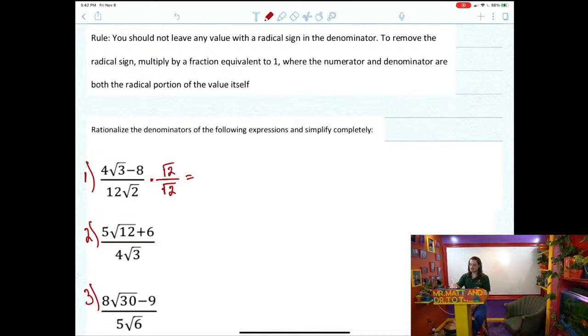But I do need to make sure that I distribute to each value in the numerator and to the denominator. I only have one value in the denominator, which is pretty straightforward, but I need to make sure that that applies to both values in the numerator. So I'm going to have 4 root 3 times root 2. So that's going to be 4 root 6. Remember, just radicand times radicand, coefficient times coefficient.